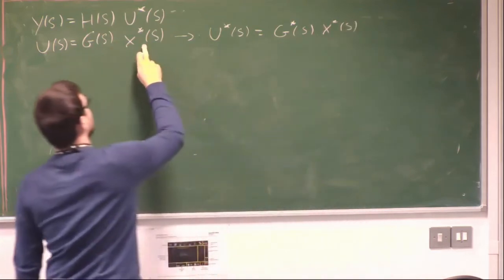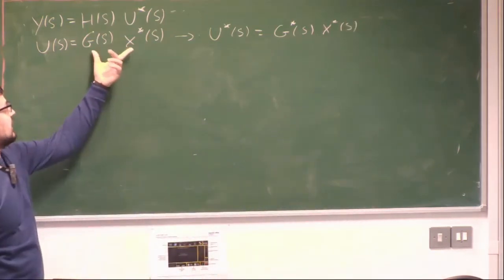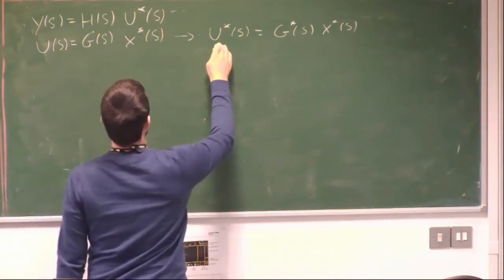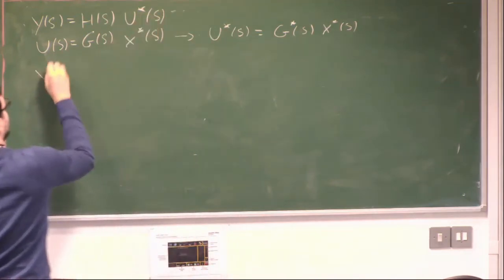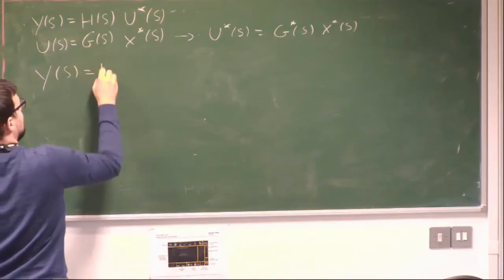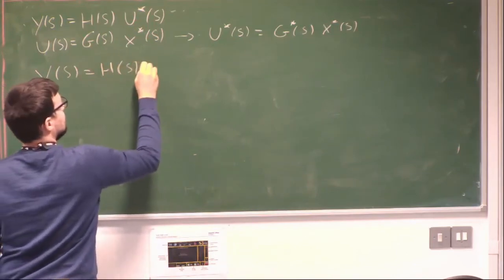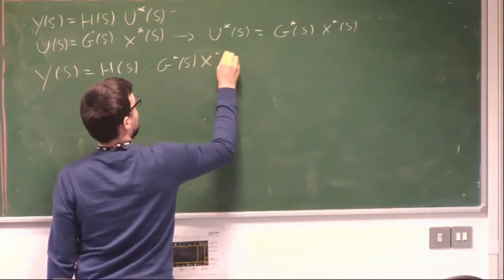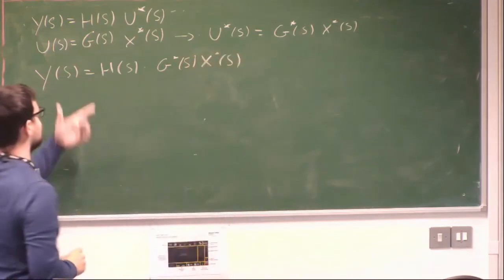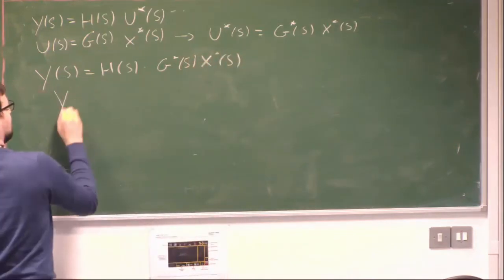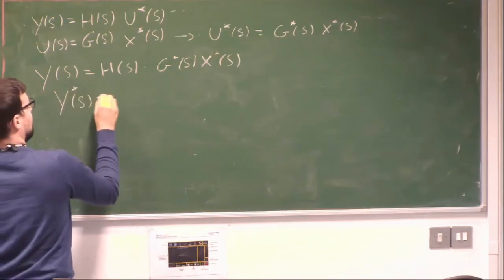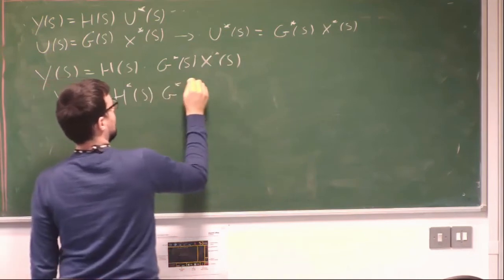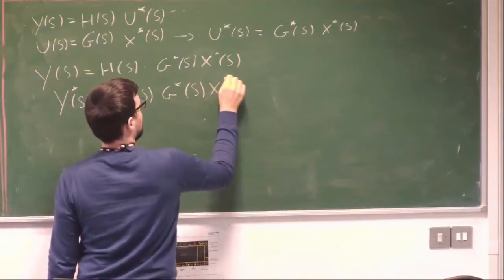Because this is starred, we can distribute the star also to this term. Now we can replace this here, and we have that y of s is equal to h of s times g star of s, h star of s. Now we compute the starred version of this, and we have that y star of s is h star of s, g star of s, x star of s.